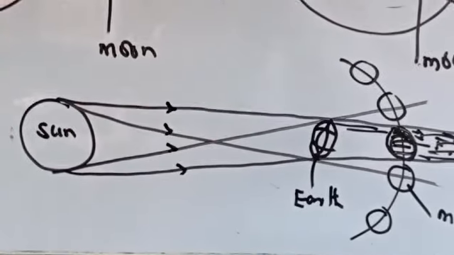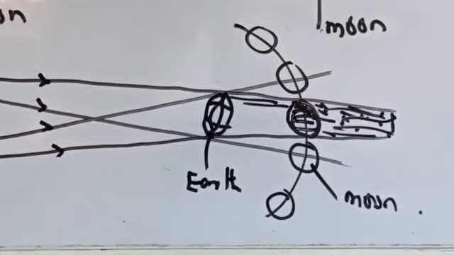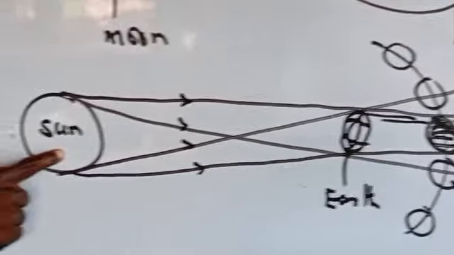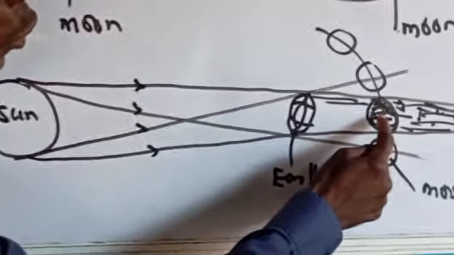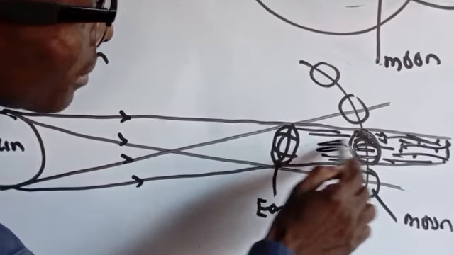Now look at this lunar eclipse. This is the diagram for the lunar eclipse. If you look at the sun, this is the earth, between the moon. This moon is in total what? Eclipse.